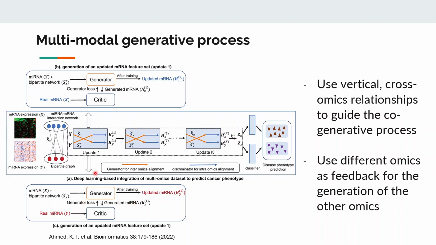And these two generators are going to work together, right, to help each other create better and better generated omics data from the other modality. So at the end, we're going to have a model that understands very well how gene expression data tells us about microRNA and how microRNA tells us about gene expression. So essentially, we have a good integration between these two omics.